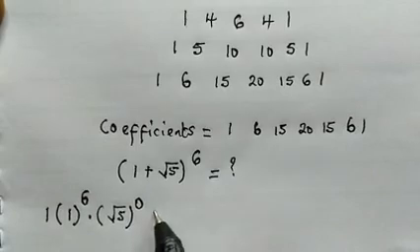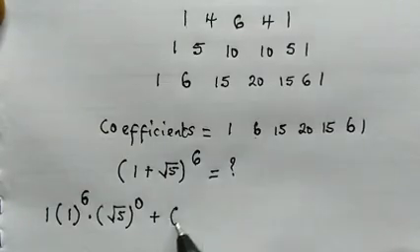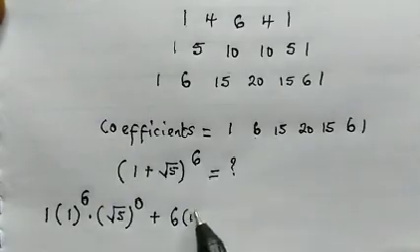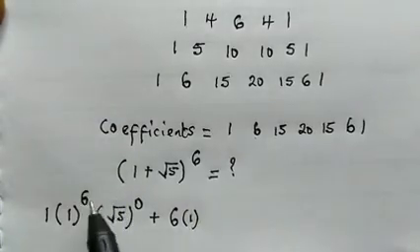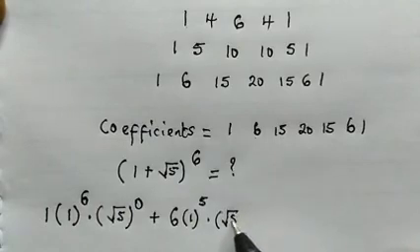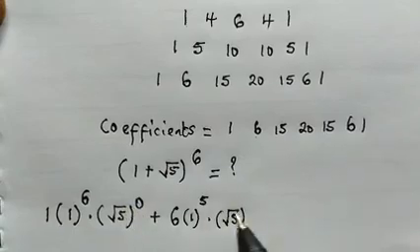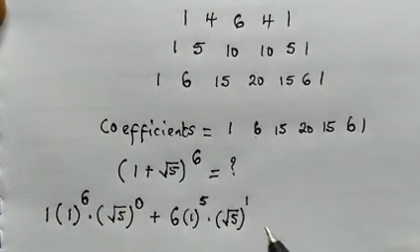And then we have plus, then the next coefficient is 6. It will be 6 times the first term, 1, then the power is descending, so this will be 5 here, then multiply by root 5. This power is descending while this one is ascending, so this one will be 1.